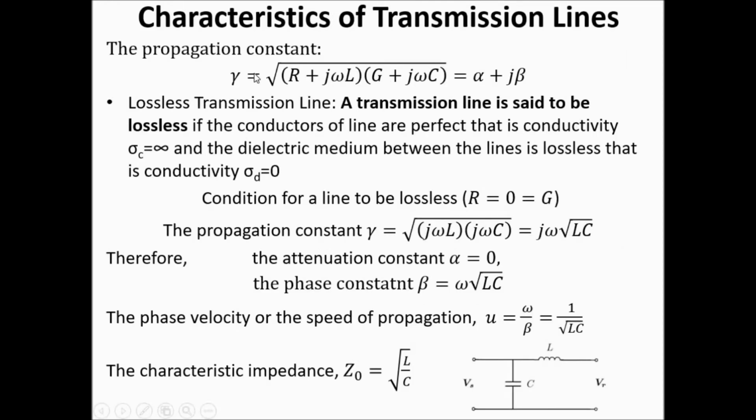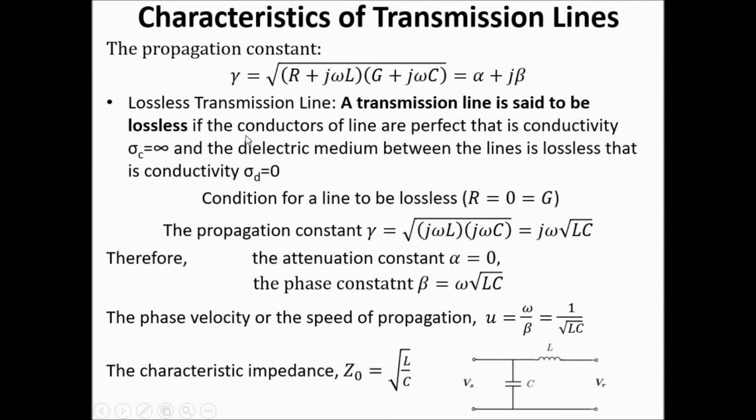So let us consider the propagation constant expression here, alpha plus j beta, gamma. A lossless transmission line is said to be lossless if the conductors of the line are perfect, that is, conductivity is infinity, and the dielectric medium between the lines is lossless, that is, its conductivity is zero.